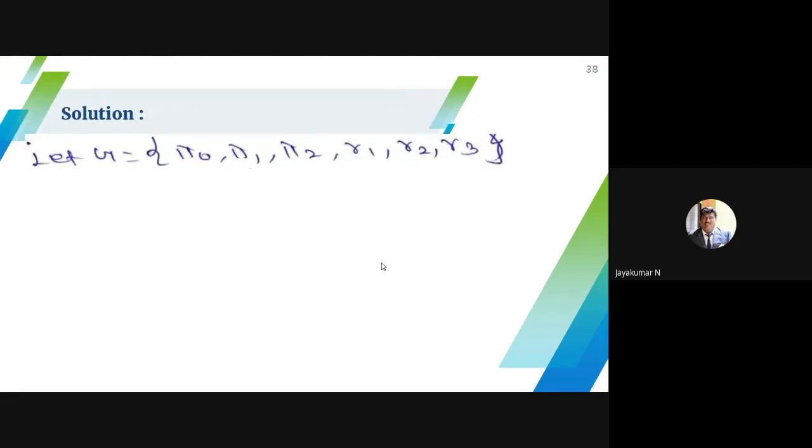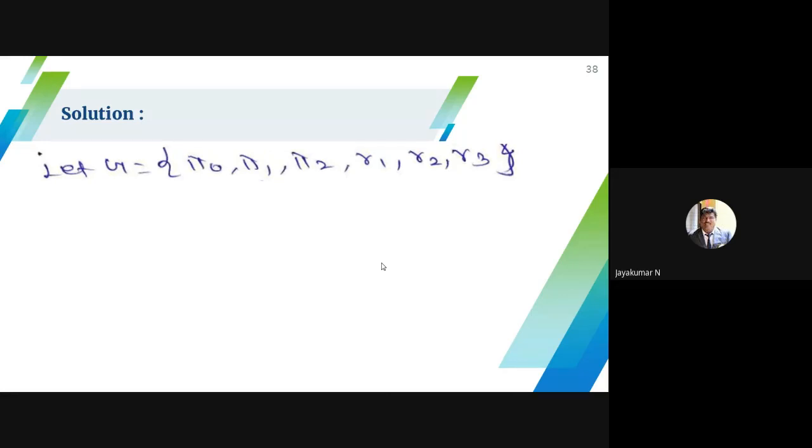So today I will explain only the rigid motions. Tomorrow we will see the rest. How do you prove this group? Let G equal to... initially you cannot define it like that. After explaining the rigid motion, you can write G is equal to {pi naught, pi 1, pi 2, R1, R2, R3}.